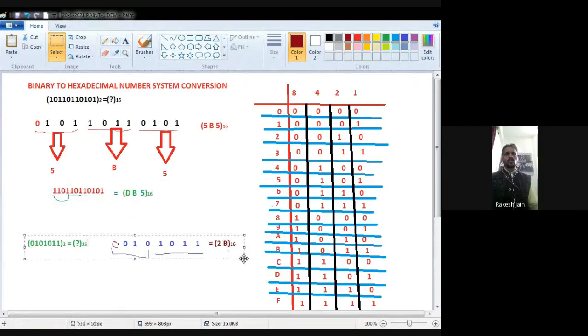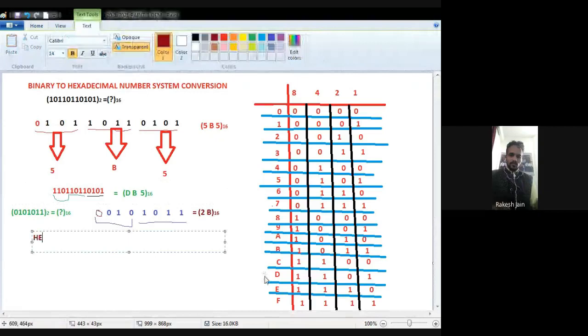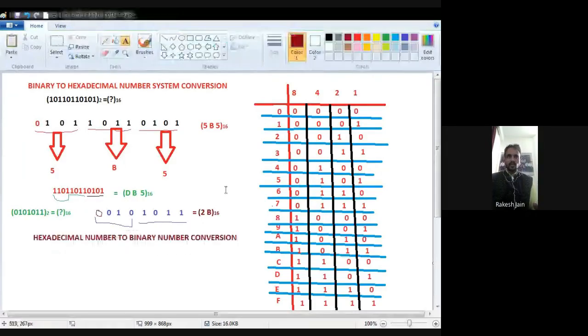Now we are going to see how to convert a hexadecimal number into a binary. The same table will be in use. We just see 3 examples.